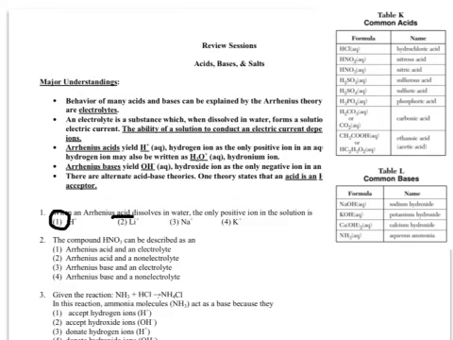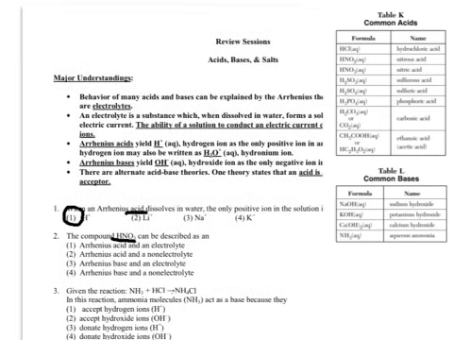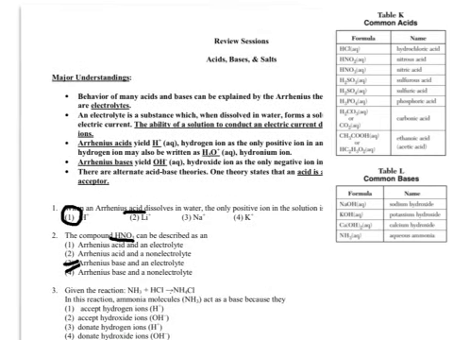Moving on to question 2, it asks us about this formula, HNO3. So again, I'm going to use my reference table. Here on the reference table, we'll see that nitric acid is indeed an acid. That means we can automatically eliminate choices 3 and 4. Now what distinguishes choice 1 from 2 is this term electrolyte or non-electrolyte.